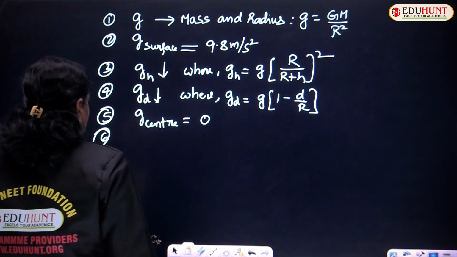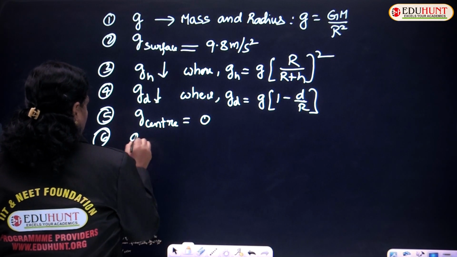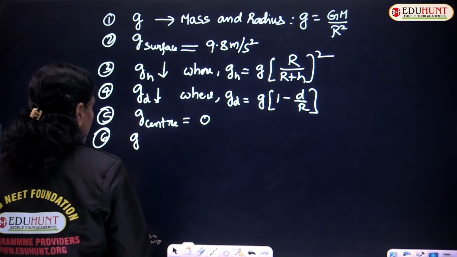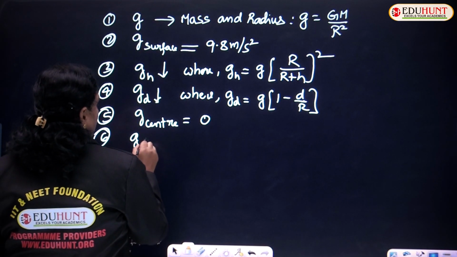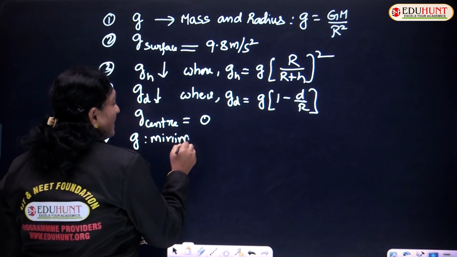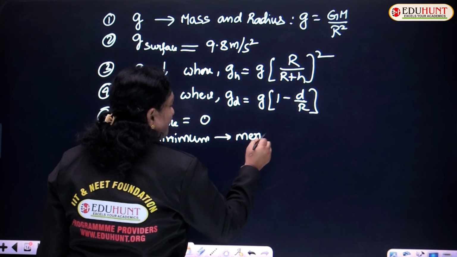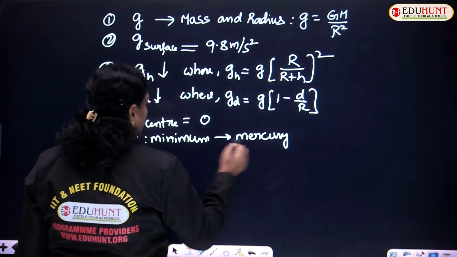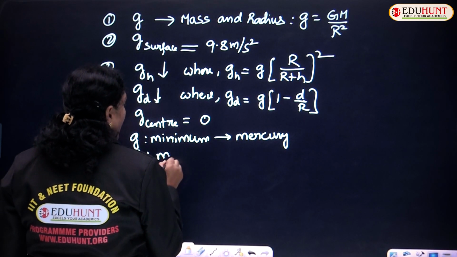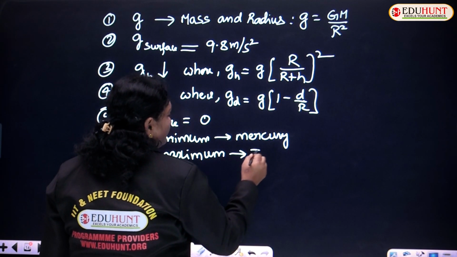Next, the value of acceleration due to gravity is found to be minimum for Mercury, whereas the same value is maximum for Jupiter.